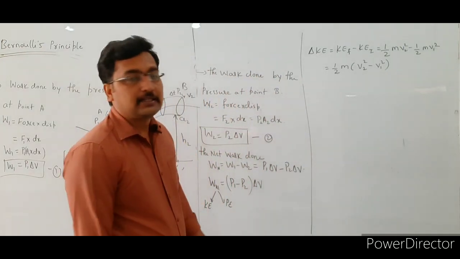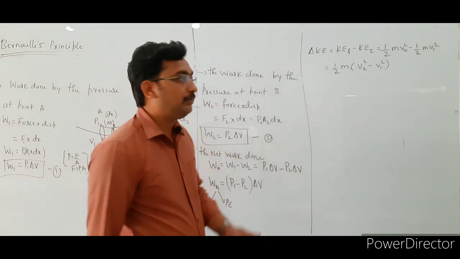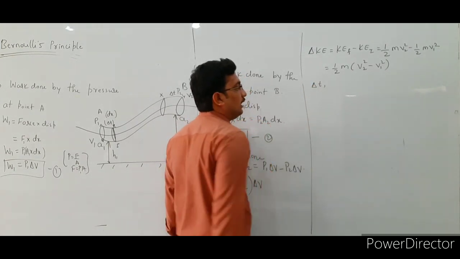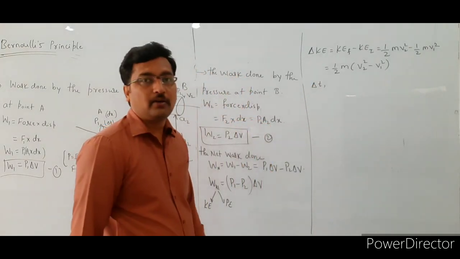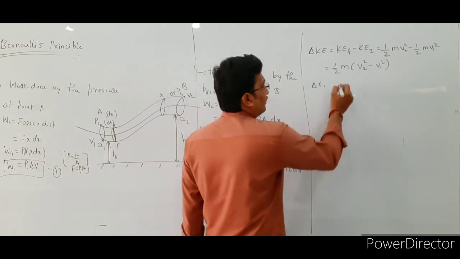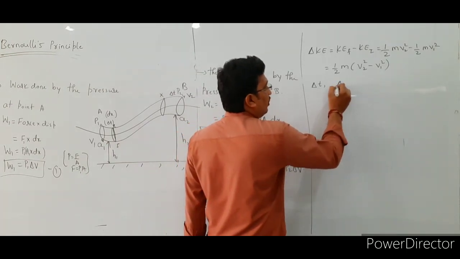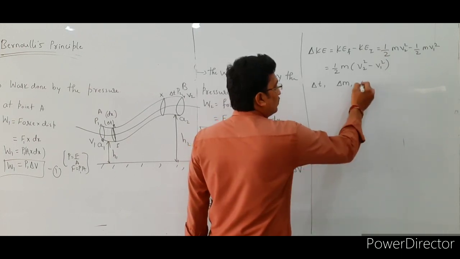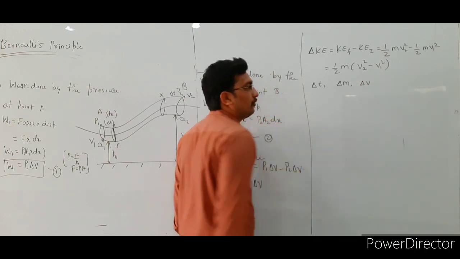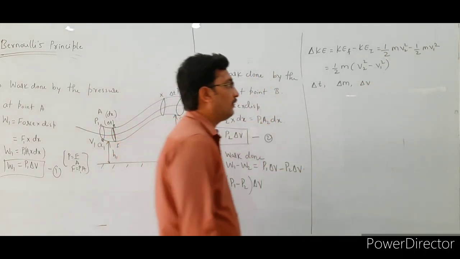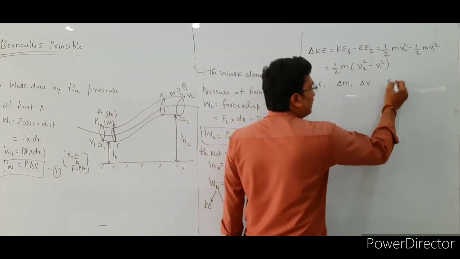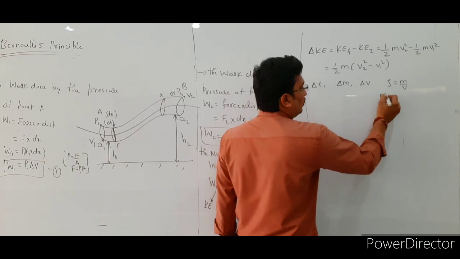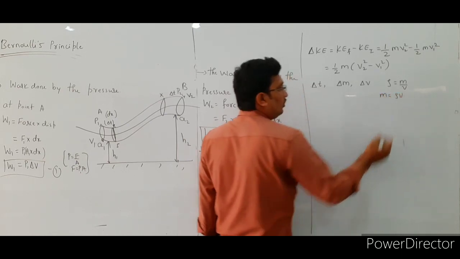Okay, see here, in this case we consider a very small time interval, that is del t, right? In this small time interval the mass of the system also changes by a very small amount, that is del m, and the volume is also very small, that is del V. From the definition of density, density is equal to mass per unit volume, so mass is equal to density into volume.